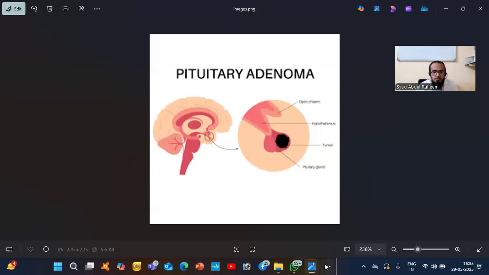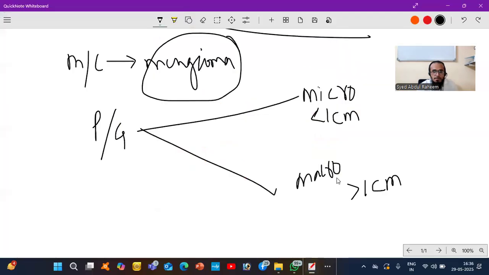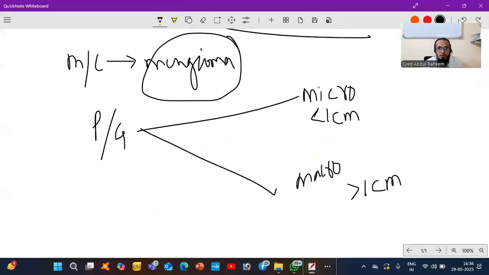So for macro, CE MRI, not CT. For micro, DCE MRI.